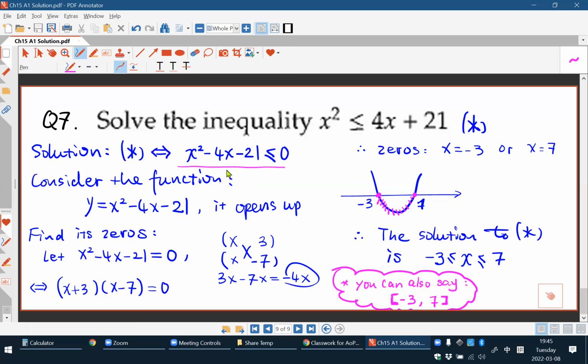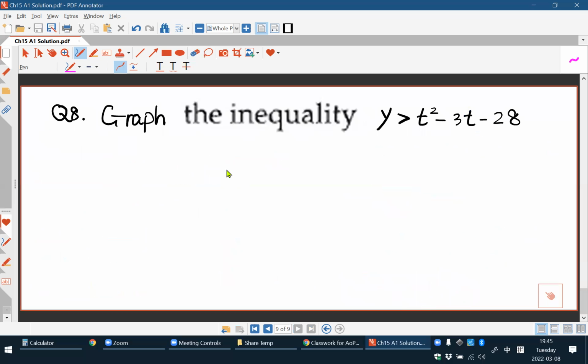Okay, next one is to graph the inequality y is greater than t squared minus 3t minus 28. Okay, as I said, to graph an inequality, usually we first consider the corresponding function, right? So first of all, consider the function.